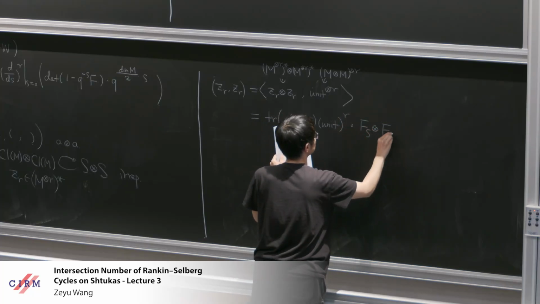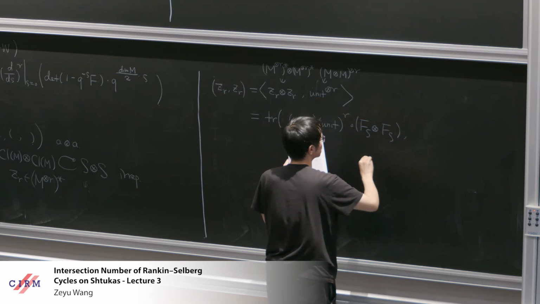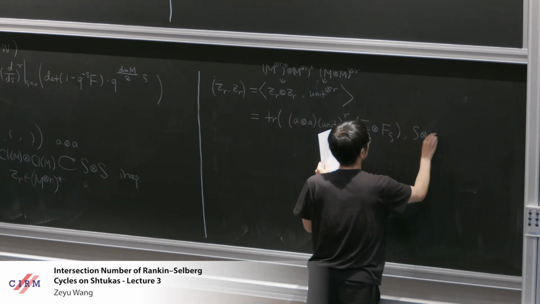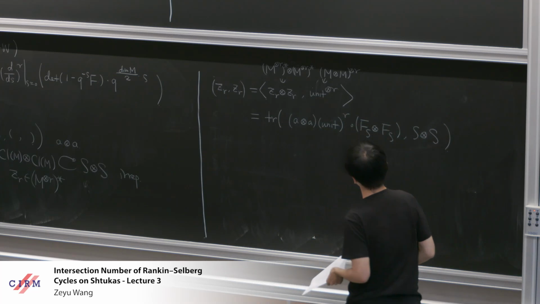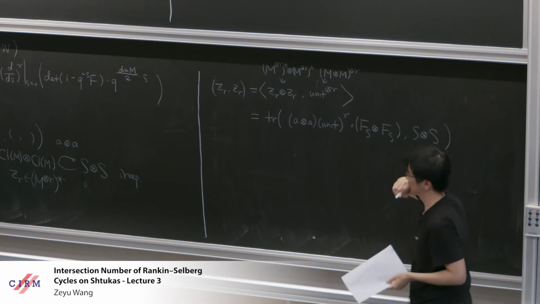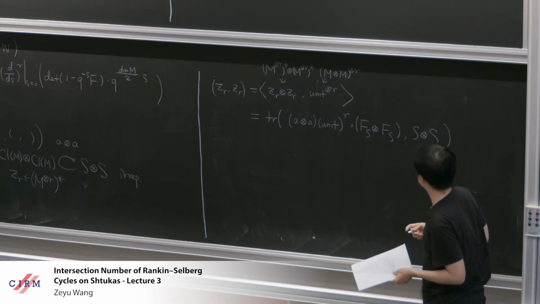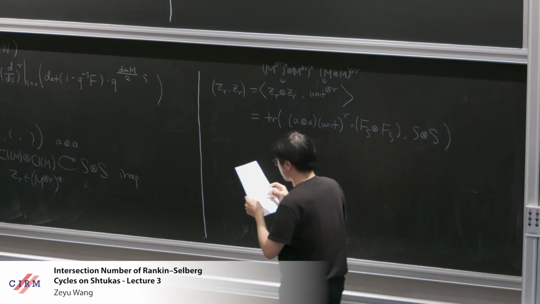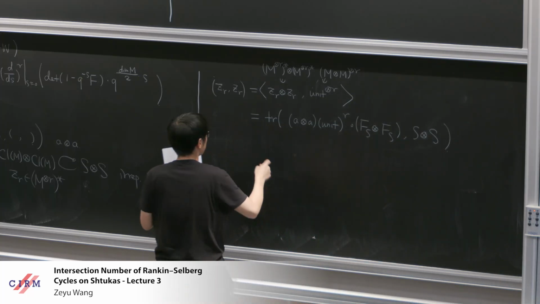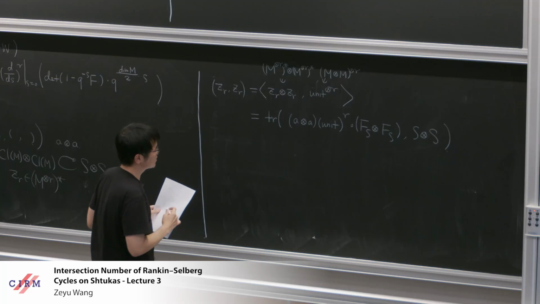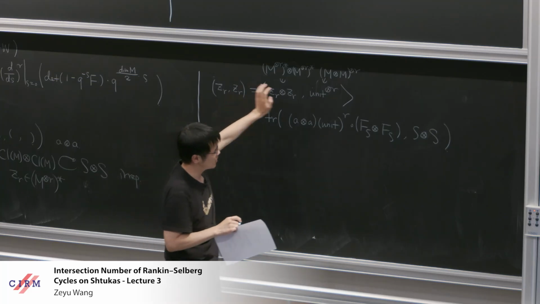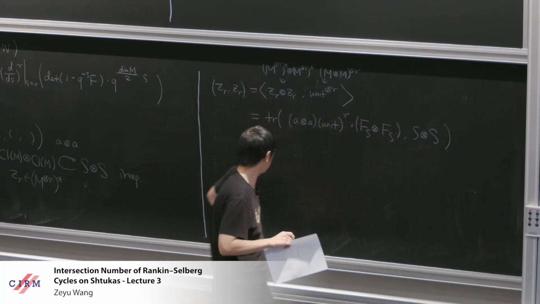In this case, it's just some endomorphism on S tensor S. So you write this pairing as a trace on S tensor S.